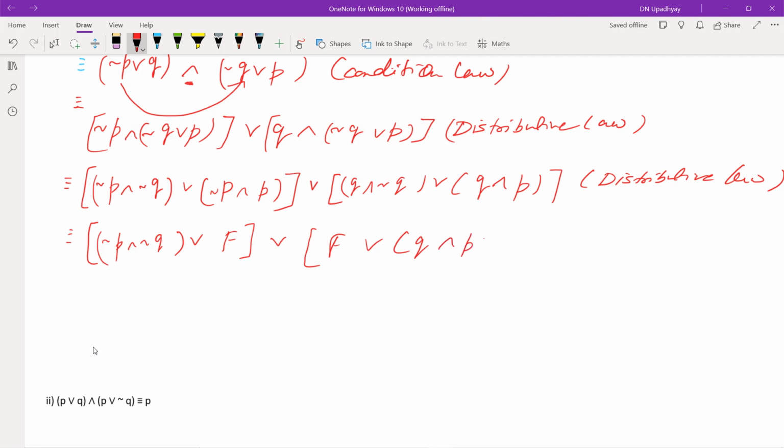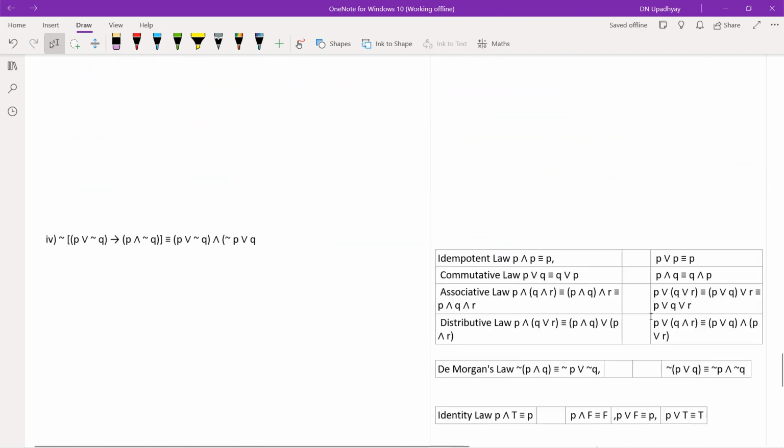or this one again F, Q and negation Q, or Q and P. And we are going to use complement law. We have used actually complement law.